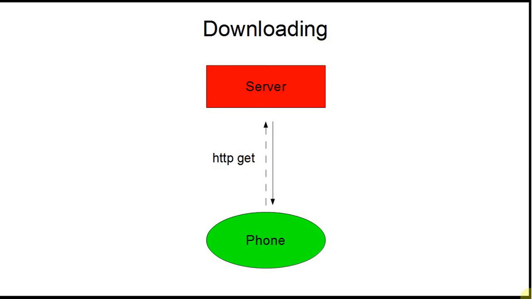That is a request to the server in the HTTP protocol, that then causes the server to hopefully send back to you some HTML. And it's the same in your phone application. If you want to request some data from a server, you can do an HTTP GET, which is a lot like going to a URL in your browser, and the server will respond with some data, typically in text format, which it will then send to your phone. So you're making a little request, and you're potentially getting a lot of data back.